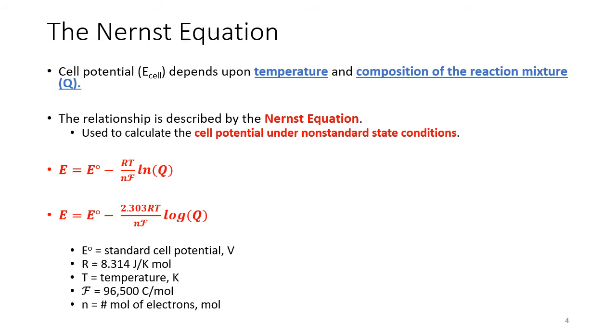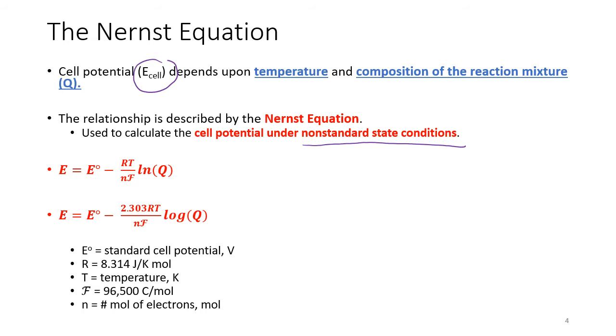So we could vary the temperature, or we could vary the composition of the reaction mixture. And notice when we see E cell, now it's written without that naught symbol. It doesn't have that little superscript 0 because it's telling us, hey, you're not under standard state conditions. Whenever you see that little superscript naught, that in chemistry means the standard state. So the Nernst equation is only used when we're dealing with non-standard state conditions.